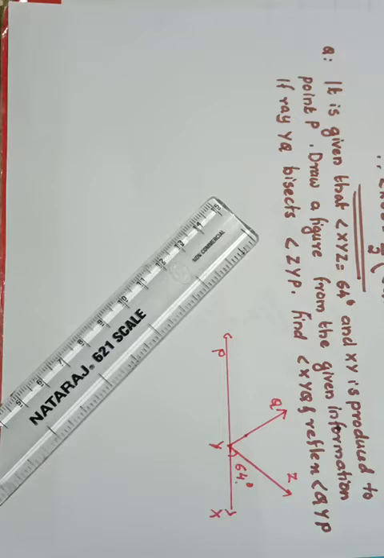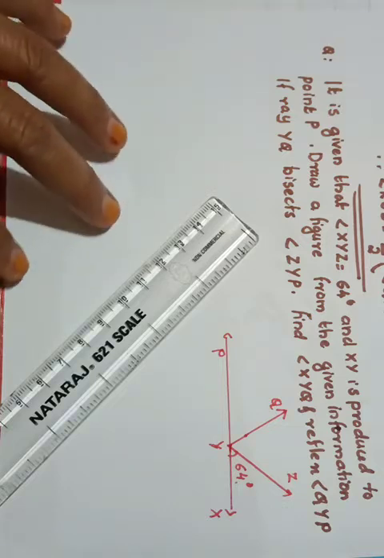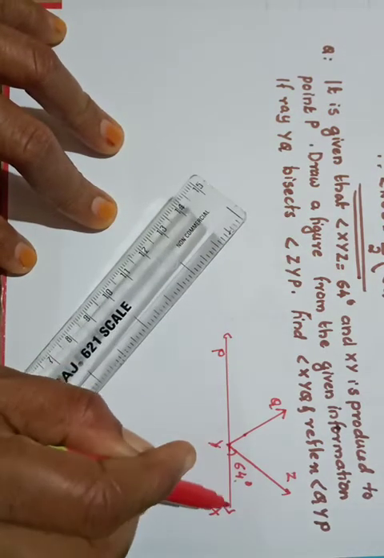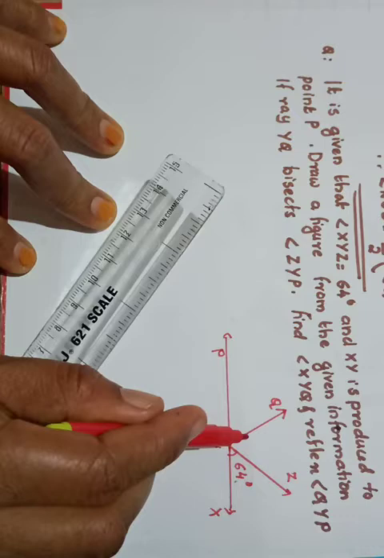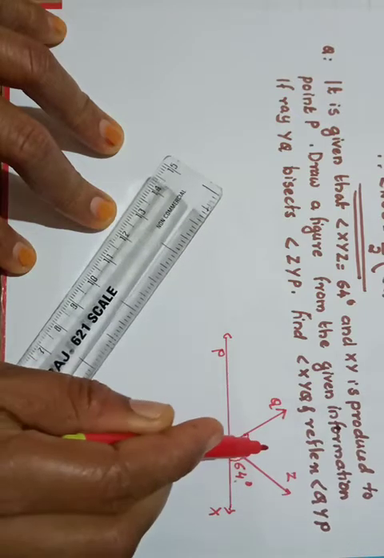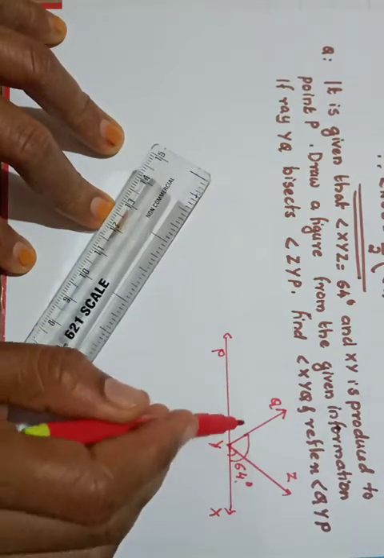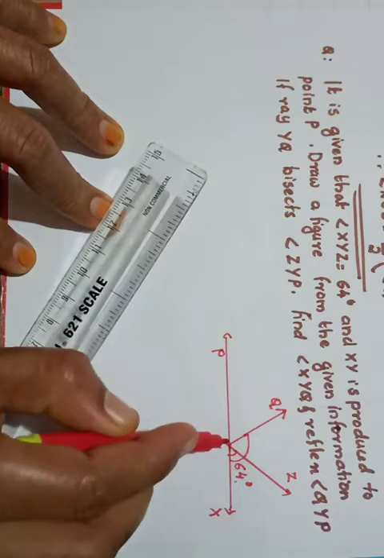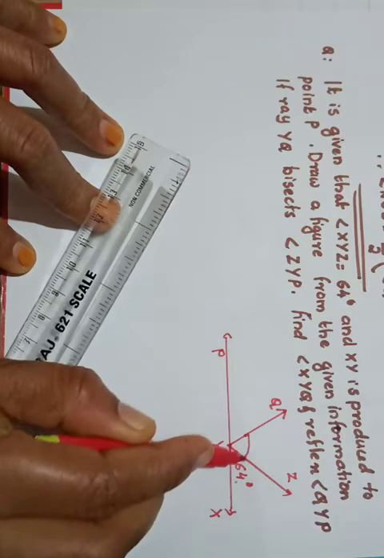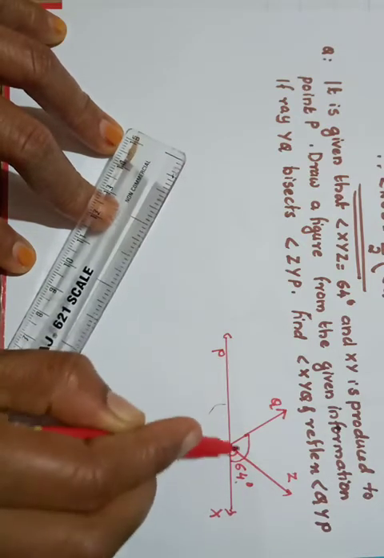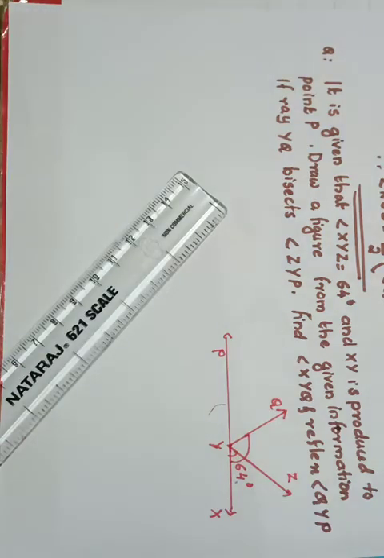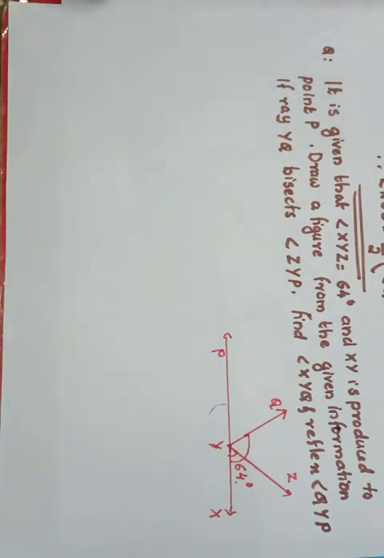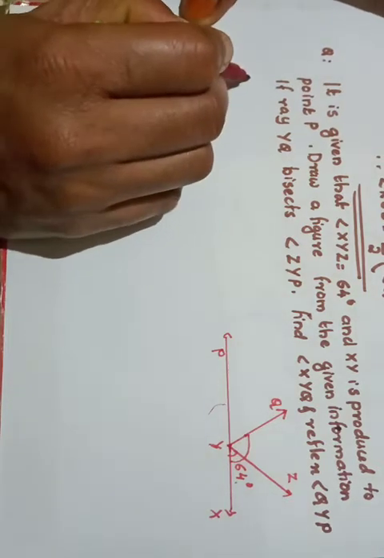So find angle XYQ. This angle XYQ means this full angle we need to find, and a reflex angle of QYP. Reflex angle means this larger angle we need to find. Okay, so listen how we are going to prove that. So listen here.